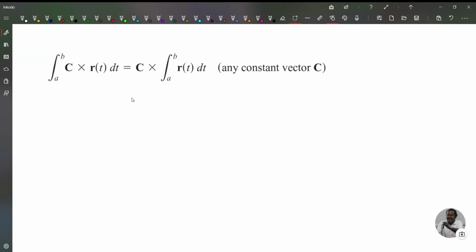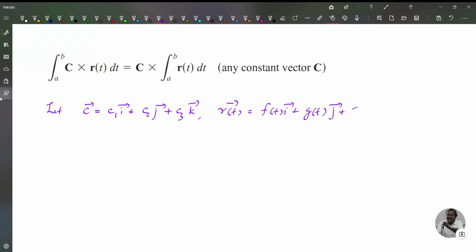Now we prove that the integral from a to b of c cross r of t dt equals c cross the integral from a to b of r of t dt, for which you let c equal c1 i plus c2 j plus c3 k, and r of t equal f of t i plus g of t j plus h of t k.